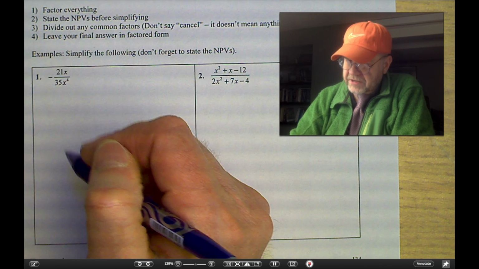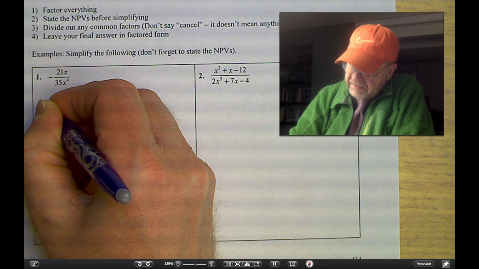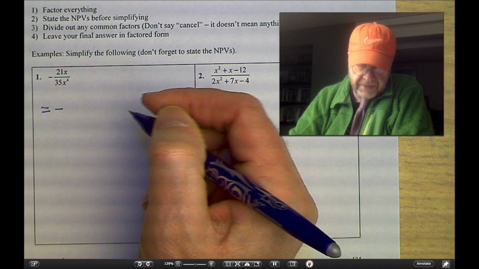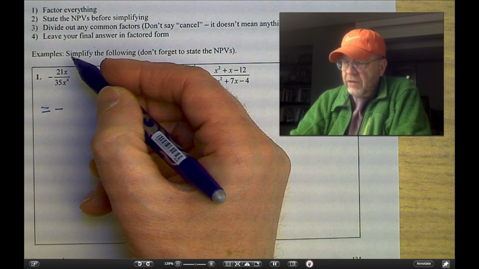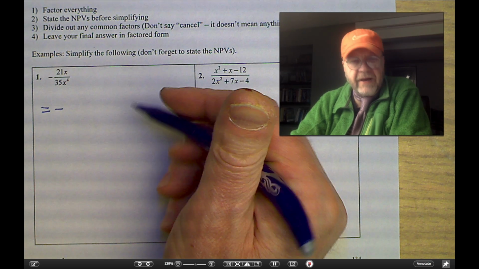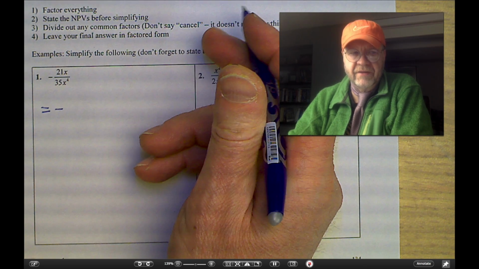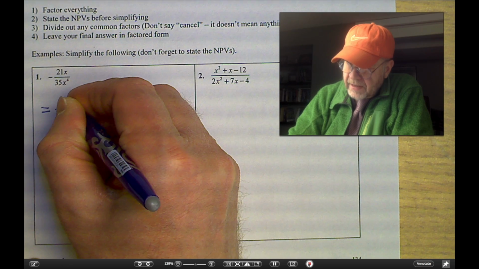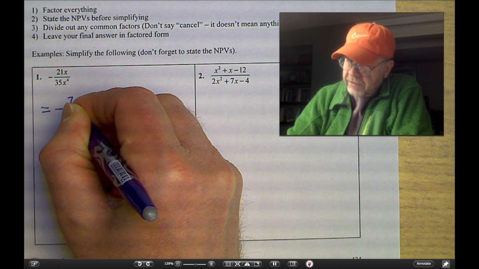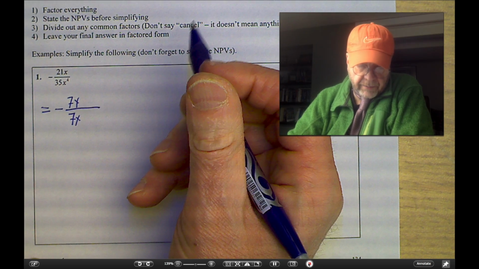Here's an expression, and this expression is equal to, if I rearrange, we're going to keep the negative there, but if we look at the 21 and the 35, I hope you see a factor of 7 in there, and I hope you also see a factor of x. So 7x is going to be a common factor both on the top and on the bottom.